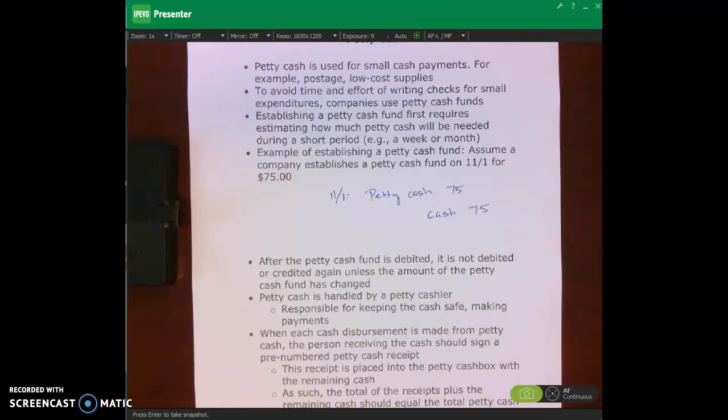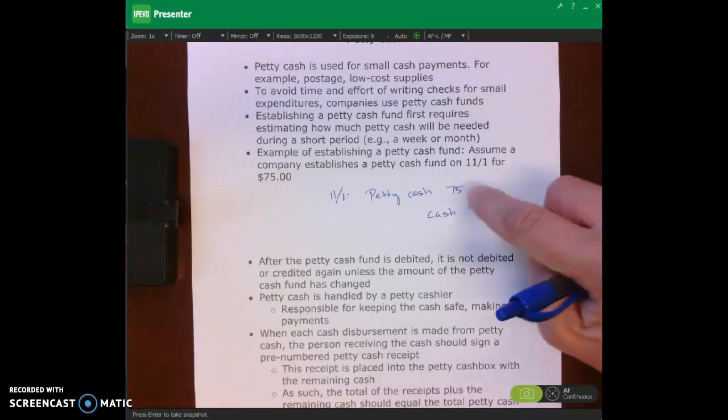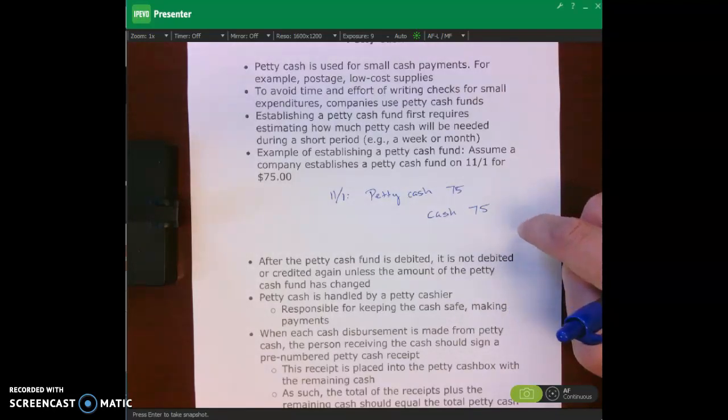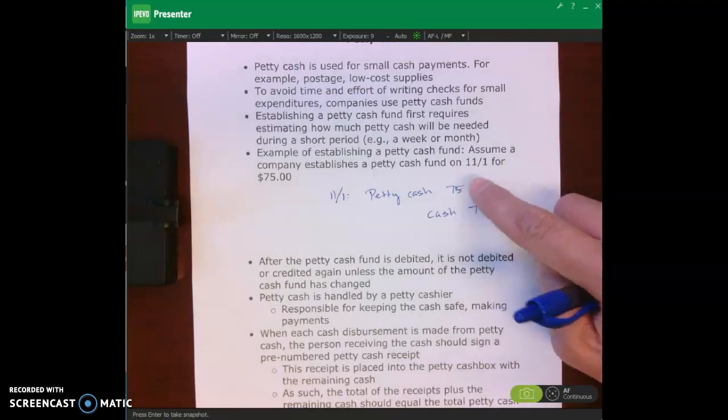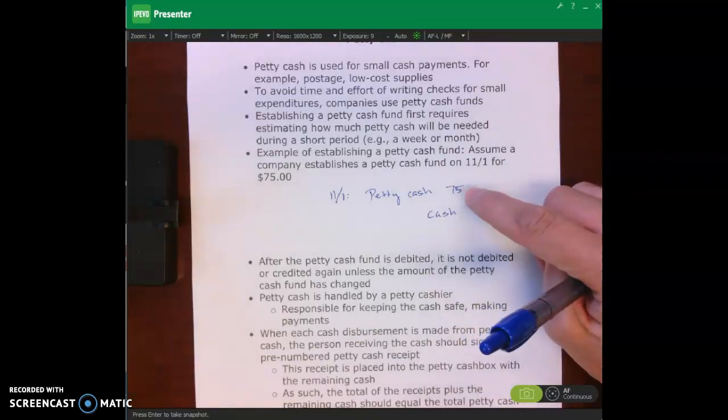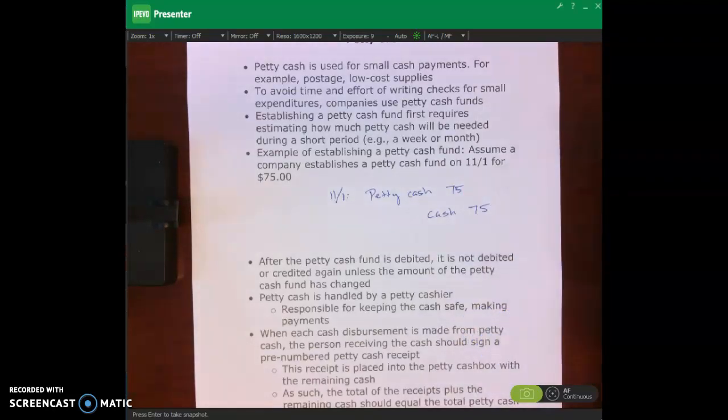So in that case, we say, well, we need more than $75. We really need $100. So then we would increase the petty cash account at that point. Okay. So only if we need to change the amount in petty cash, only then do we debit or credit petty cash. Okay.